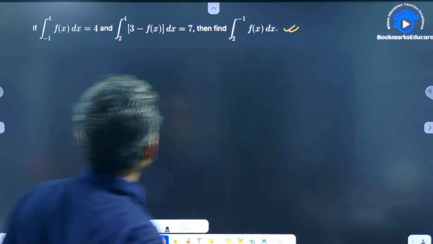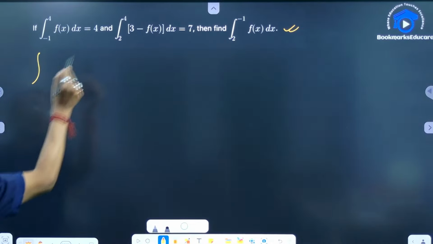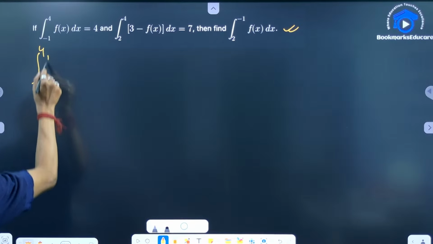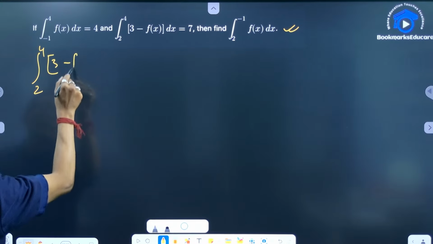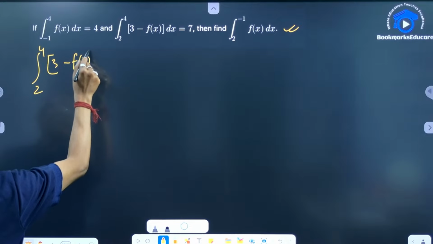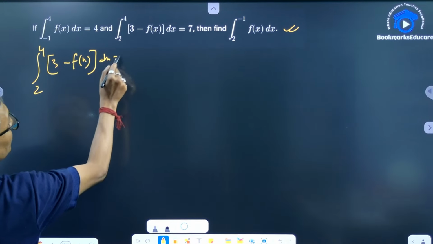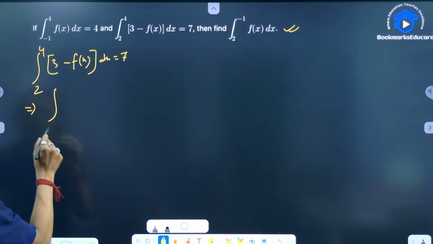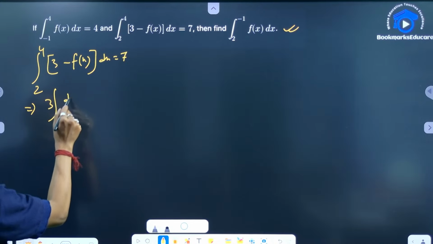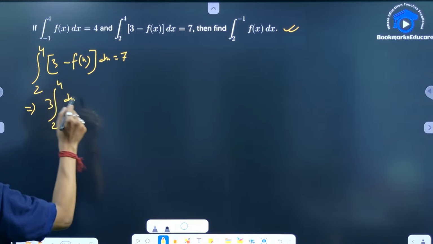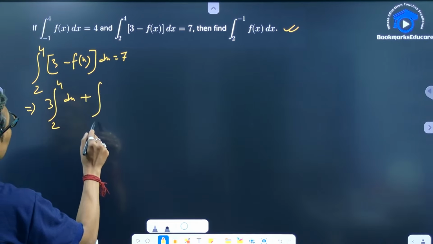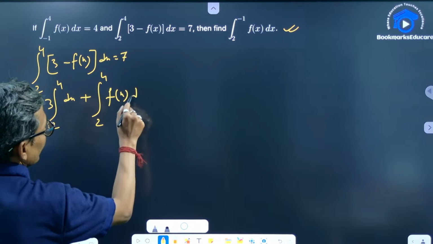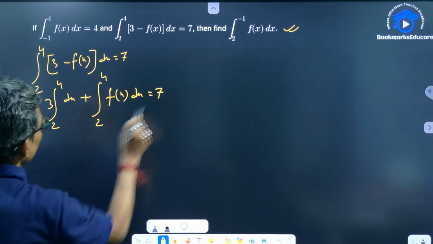First of all, 2 to 4 of 3 minus f of x dx is equal to 7. So let us split it: 3 dx from 2 to 4 plus 2 to 4 f of x dx is equal to 7.